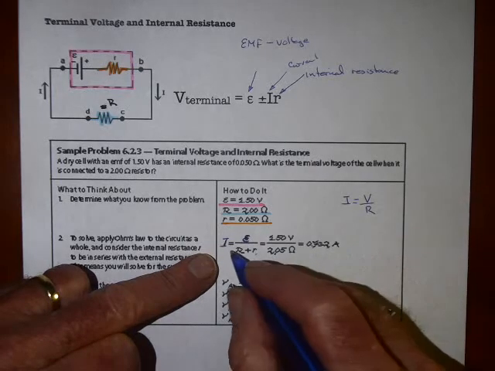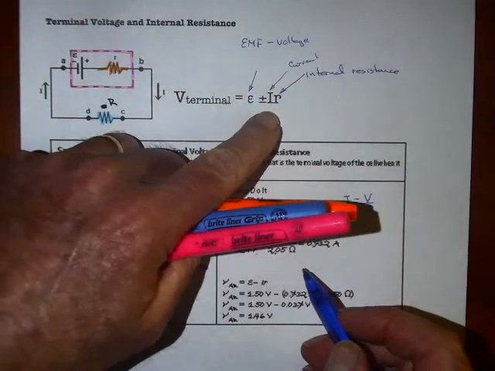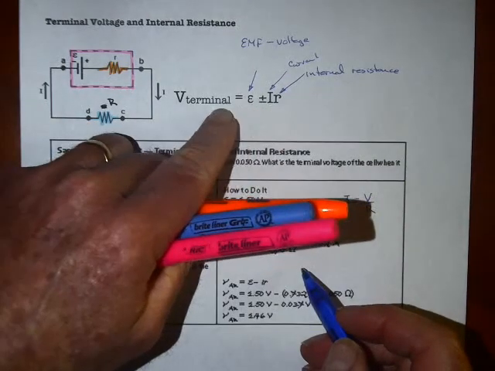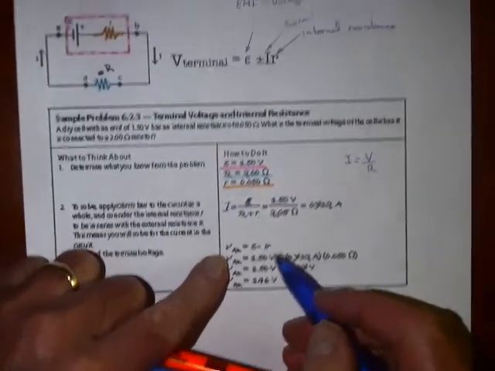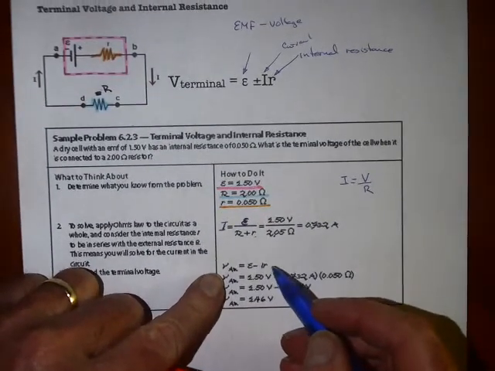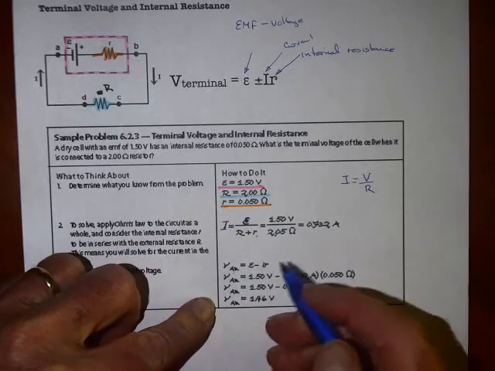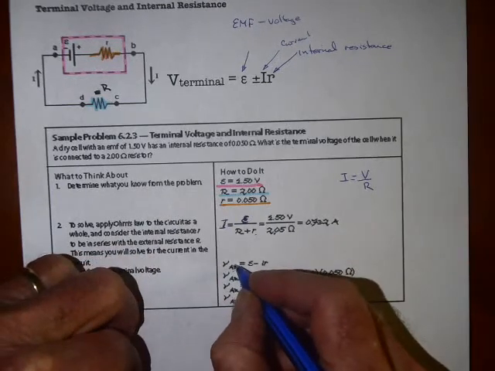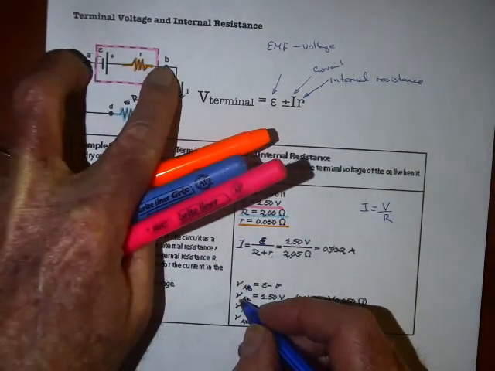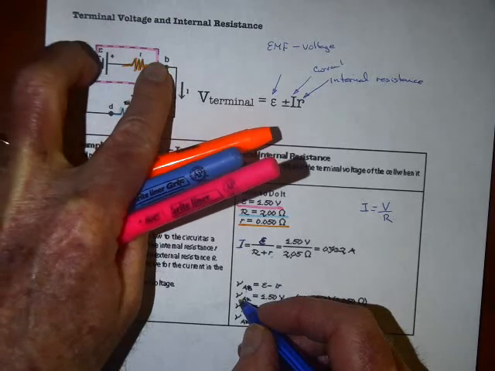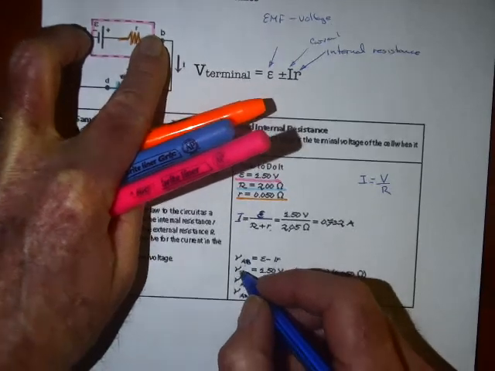Now this is what we're going to substitute into here to find the terminal voltage. So the voltage V sub AB is the voltage if I put a voltmeter across here, touching one end of the battery to the other end, and I got a reading. That's what that's talking about.